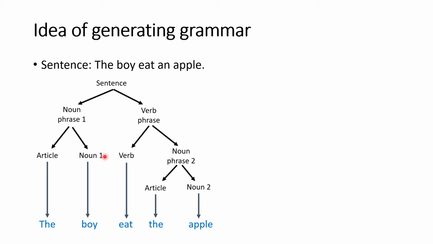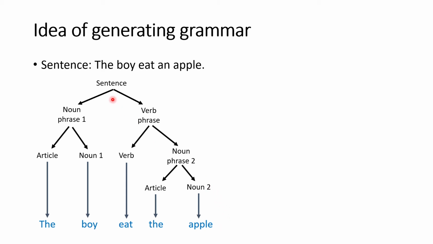Noun 1 can be rewritten as boy. Verb can be rewritten as eat. Article can be rewritten as the, and noun 2 can be rewritten as apple. If you don't include these last 5 rules, then it is not possible to derive this sentence, which is my intention.